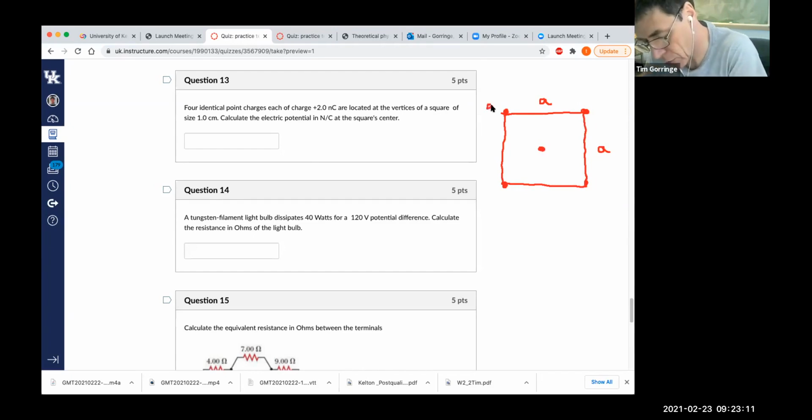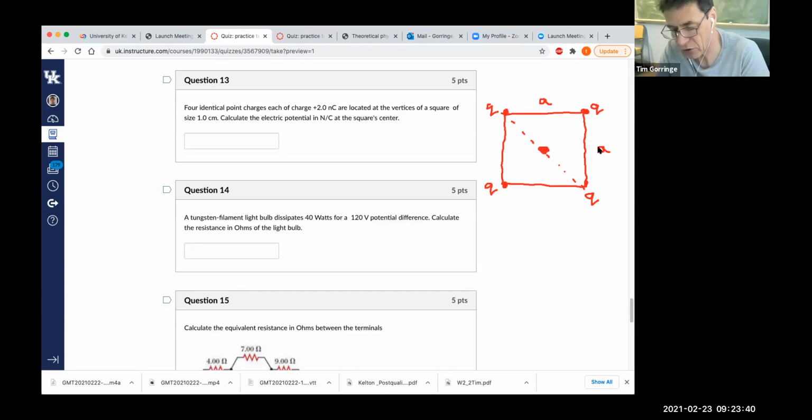I'm going to call them all Q because they're all the same. And the other thing that's important in this problem, that's the same for all the charges, is the distance to this field point or this potential point. Now, the distance from one corner to the opposite corner, by Pythagoras, well, that's the square root of a squared plus a squared.